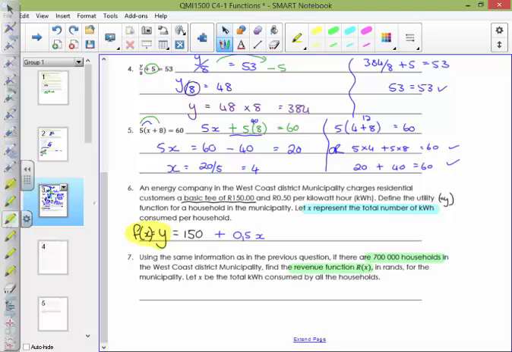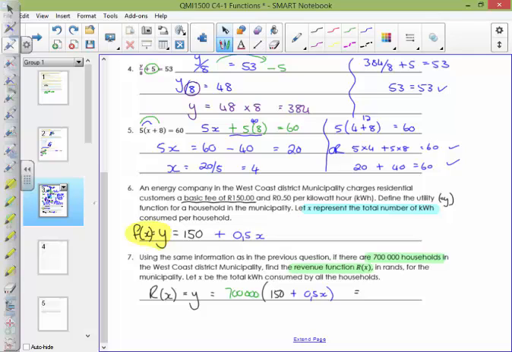Let X be the total kilowatt hours consumed by the households. So the revenue function of X, f of X, the R of X, it makes no difference, is still Y. You will have 700,000 households, each paying 150 plus 0,5x.